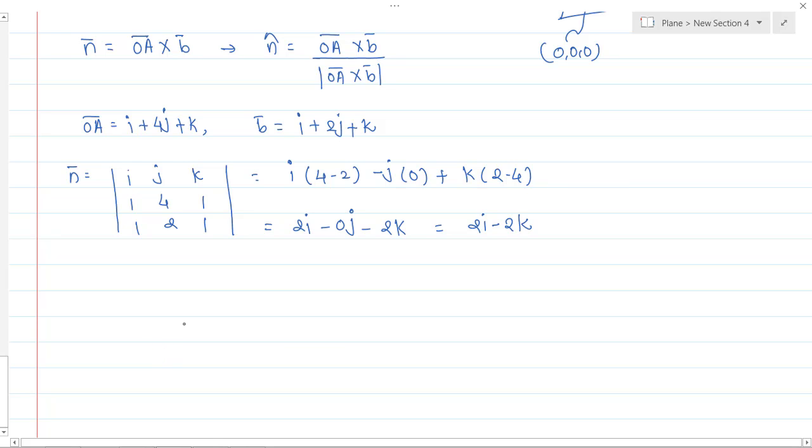Now let's substitute into the standard equation of the plane, r bar dot n bar is equal to a bar dot n bar.